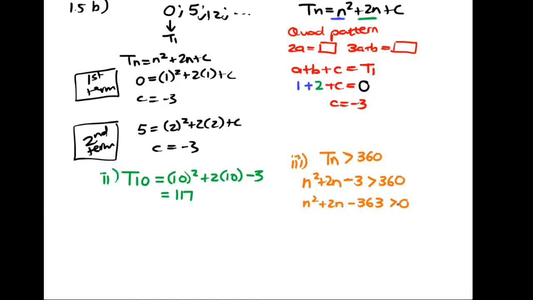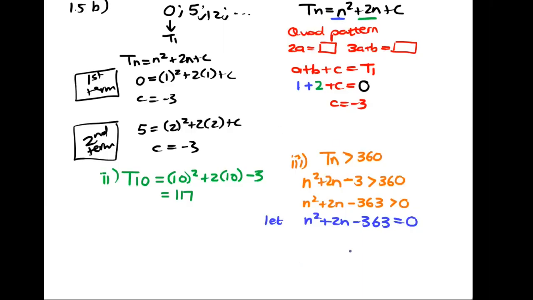So if you can't factorize it within a few seconds, it's always better to use the quadratic formula. All right, so we're going to say n squared plus 2n minus 363. Let's make it equal to 0. And the reason we make it equal to 0 is the quadratic formula is for a quadratic equation. It is not for a quadratic inequality.